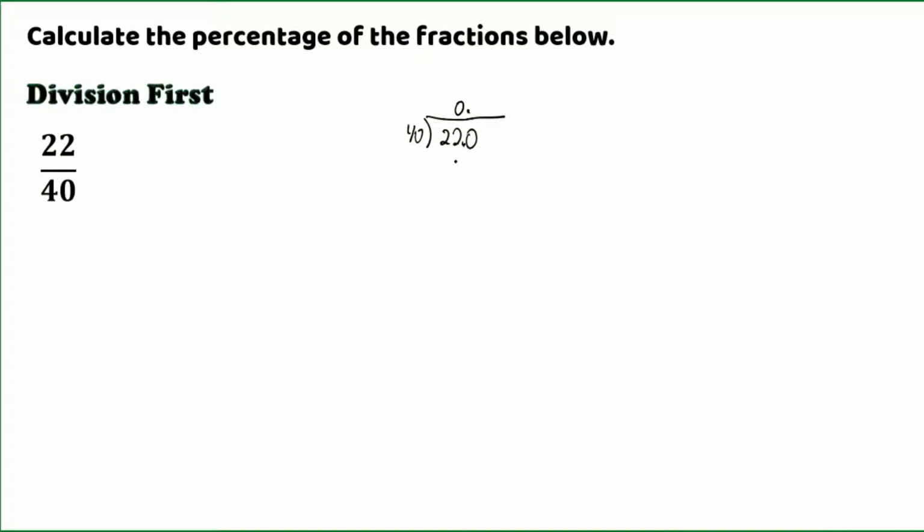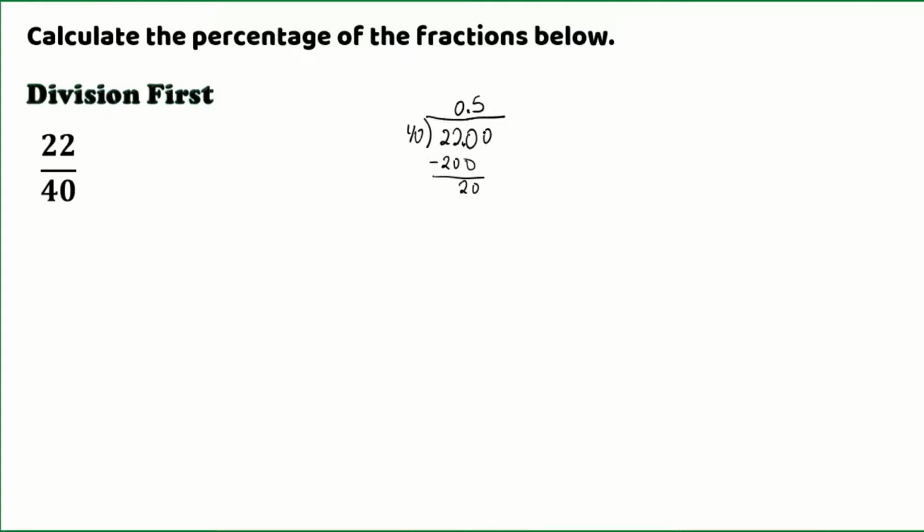I'm going to add a 0 and divide 40 into 220, which will divide 5 times. 5 times 40 is 200. 220 subtract 200 gives us 20.